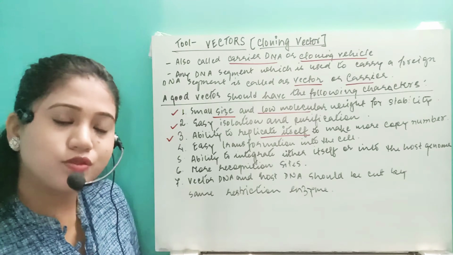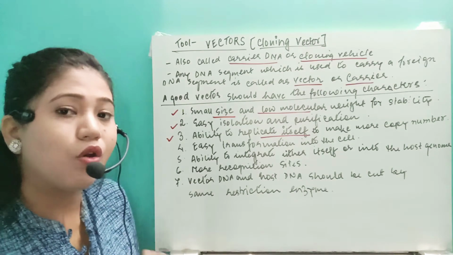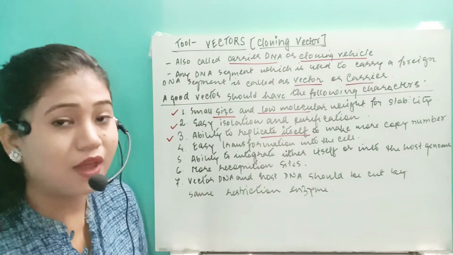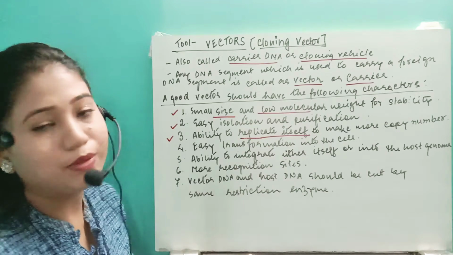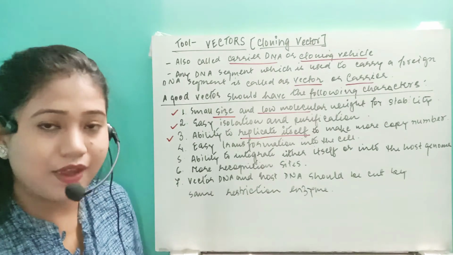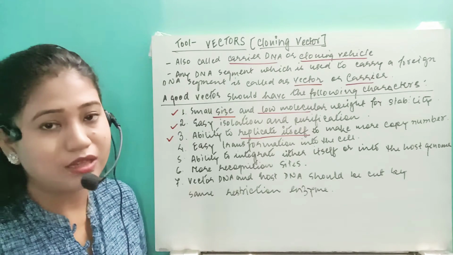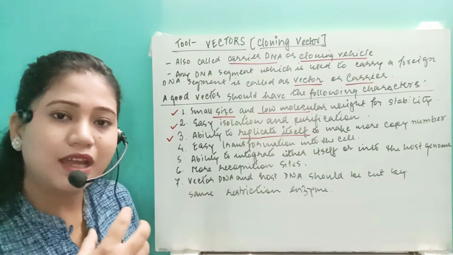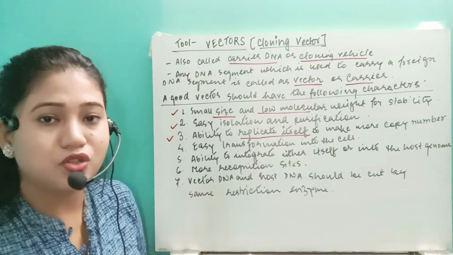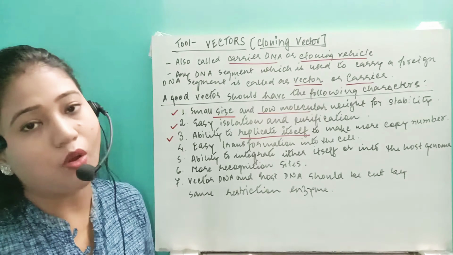Whenever the host replicates, our gene fragment in the vector will also replicate. So they need to have replication power. Some vectors will replicate very rapidly, some at a slower rate. The replication capacity of that circular DNA is known as the copy number.